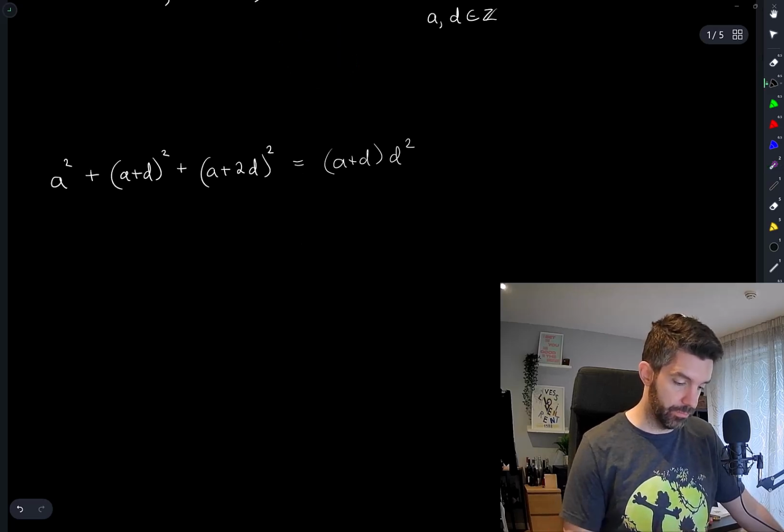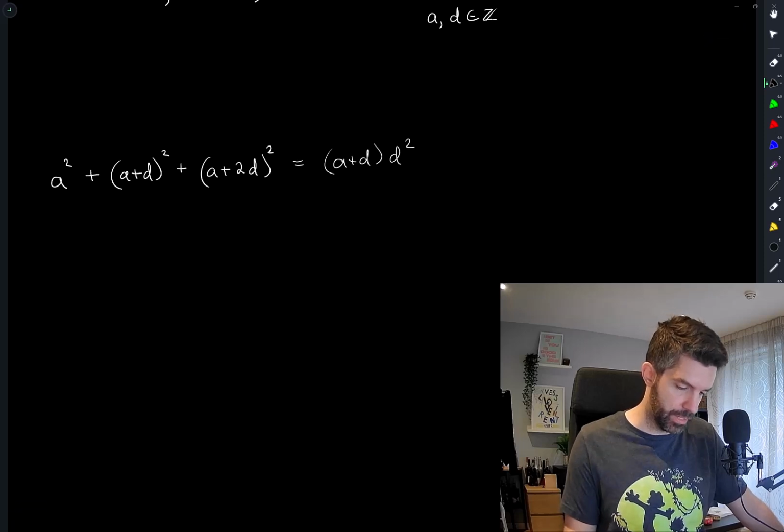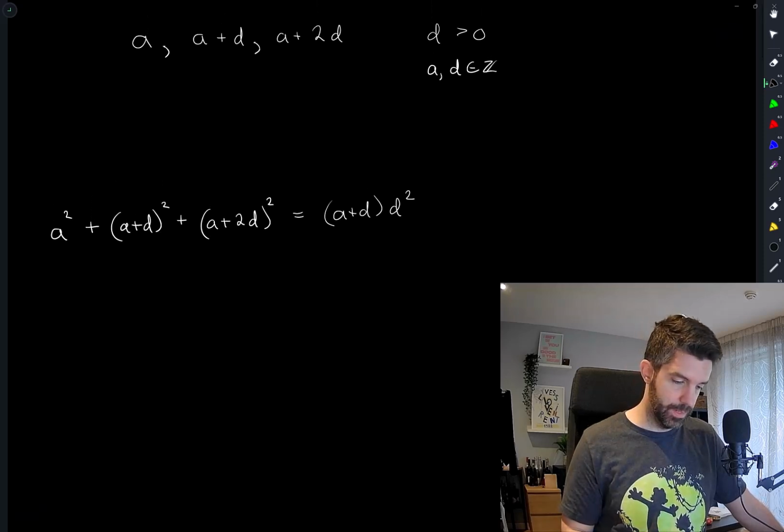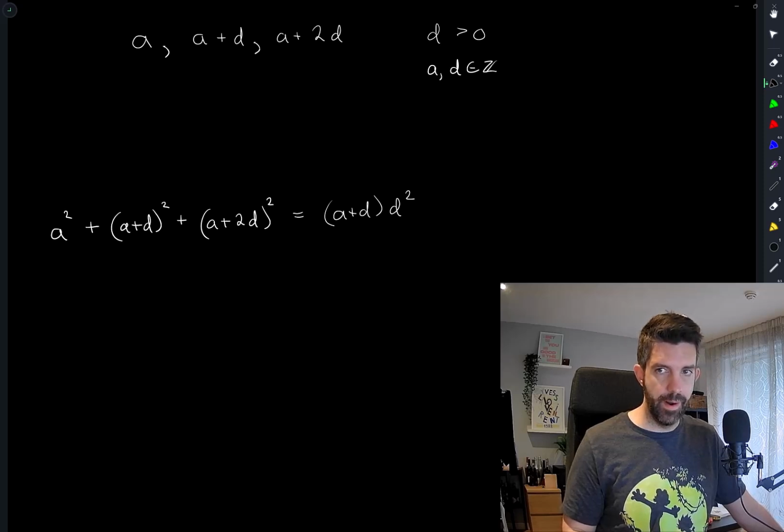So in order to solve for a and d here, should I just expand both sides of this and see if we get a lot of cancellations? I'm not totally sure that's the best approach. The sum of the squares of the three terms equals the product of the middle term and the square of the common difference.